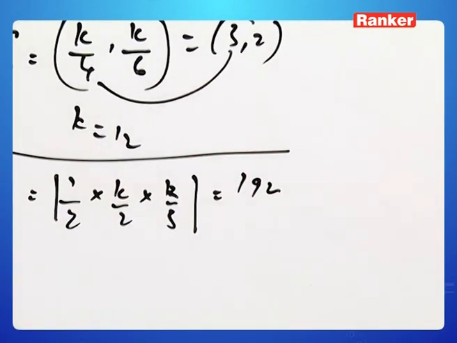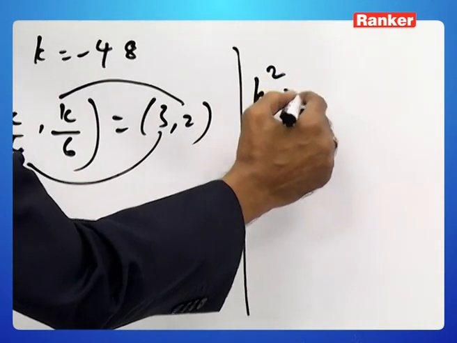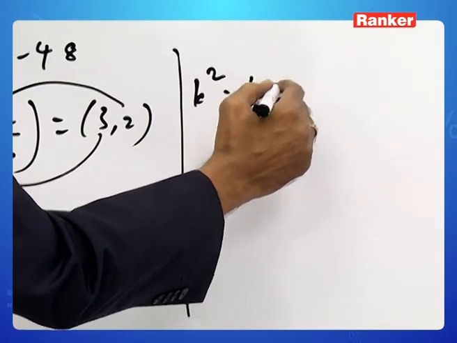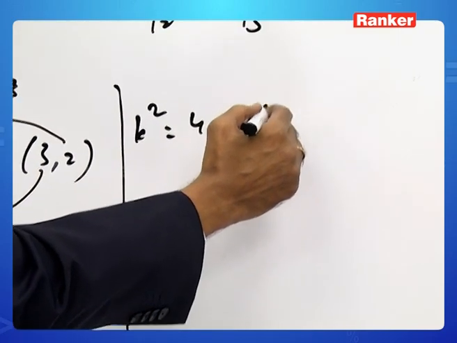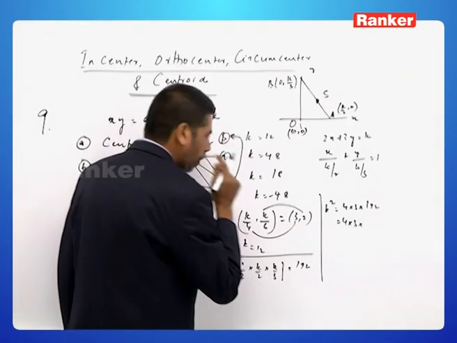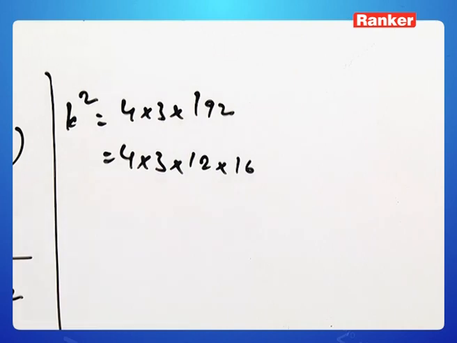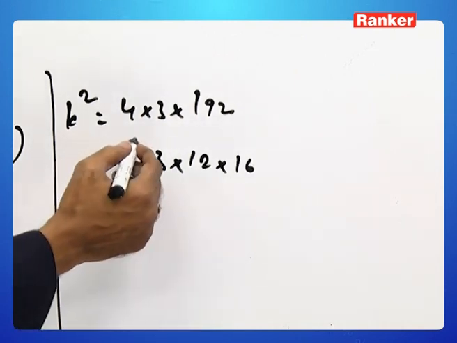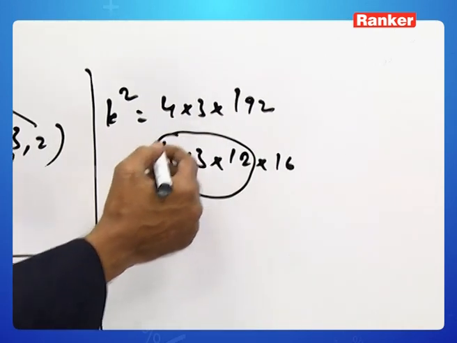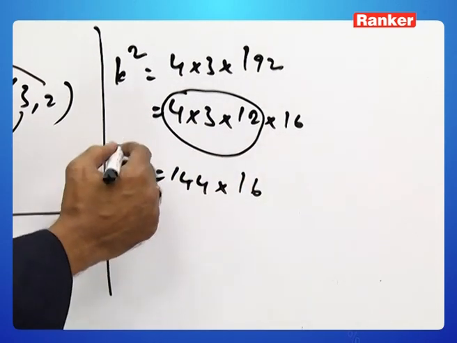So you will get k square is equal to 4 into 3 into 192. 4 into 3 into 192 is 12 into 16. So this is 12 into 12. So let us write it as 144 into 16.